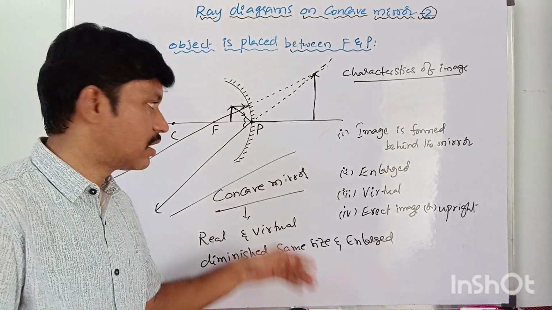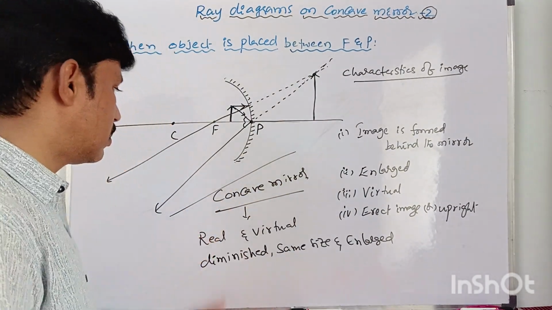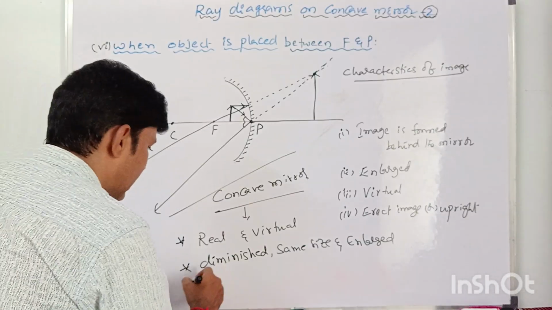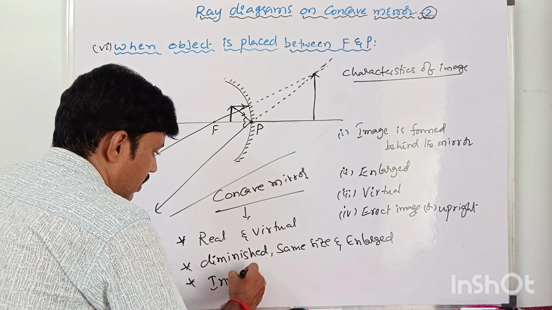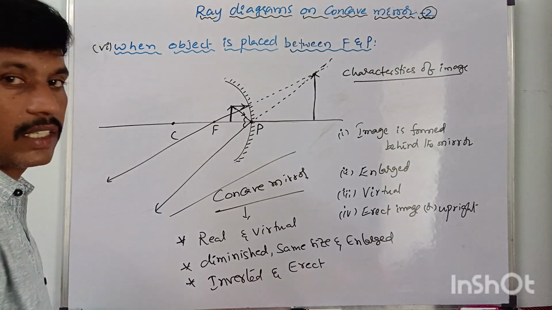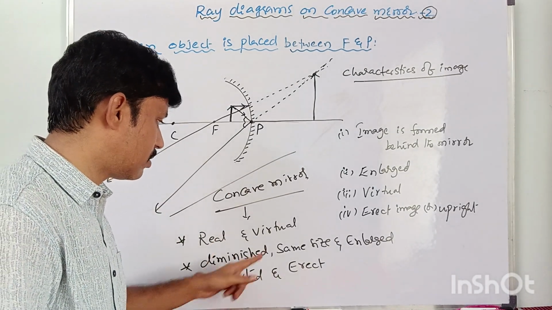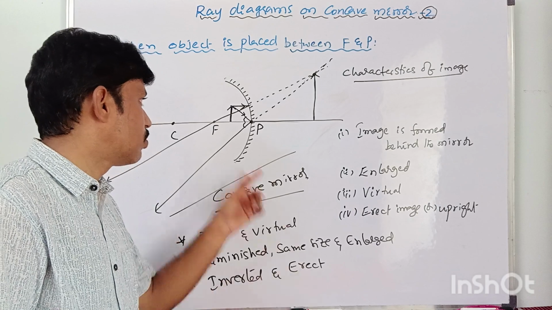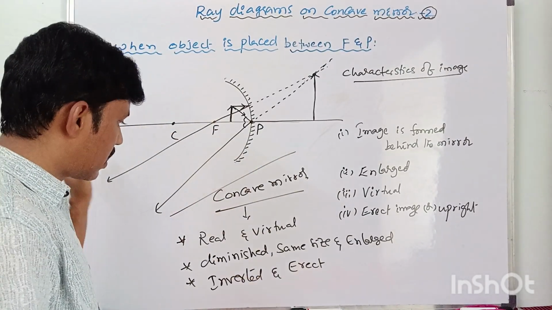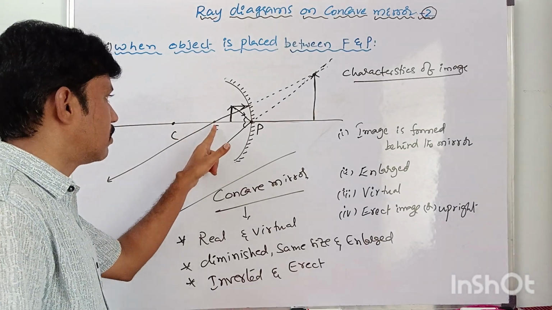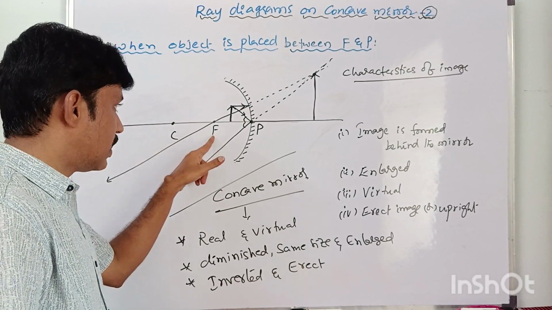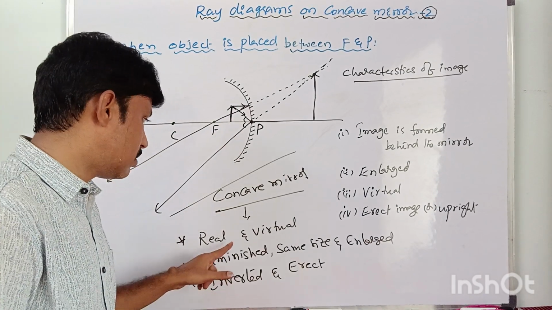One more thing: inverted and erect images. A concave mirror forms an erect image only when the object is placed between F and P. In all other cases, from infinity to the focus point, it forms inverted and real images.